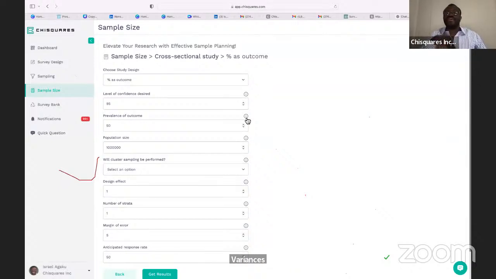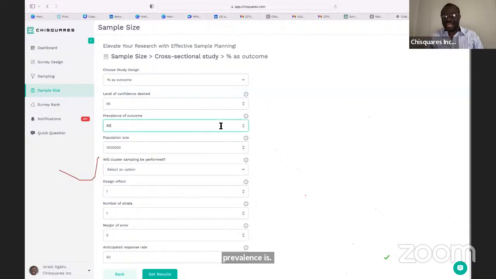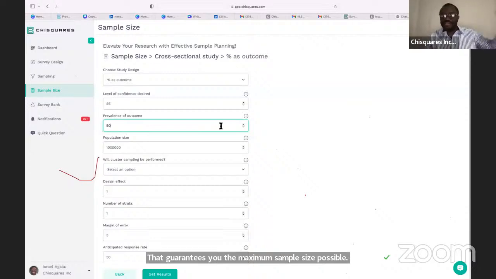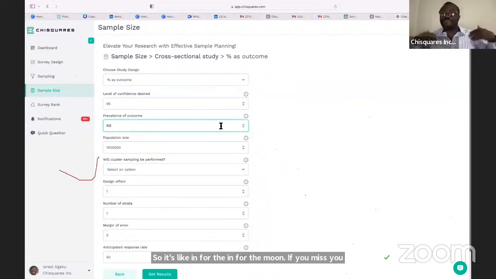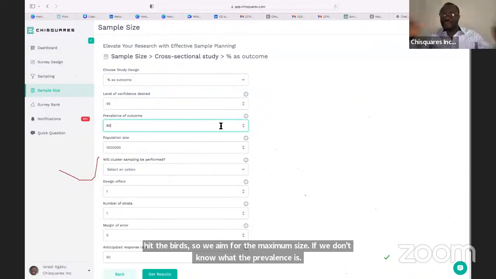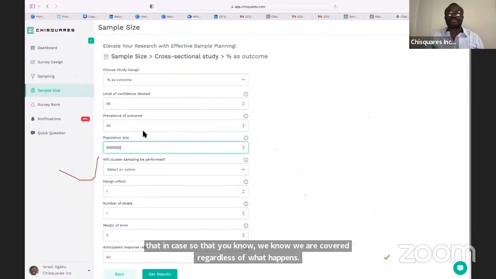That's why we say if you don't know what the prevalence is, just go ahead and use 50%, because that guarantees you the maximum sample size possible. It's like aim for the moon; if you miss, you hit the birds. So we aim for the maximum sample size if we don't know what the prevalence is, so that we know we are covered regardless of what happens. That is the idea behind using 50%.